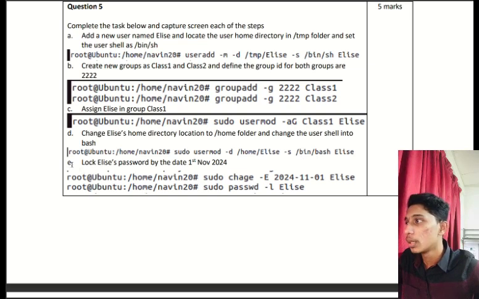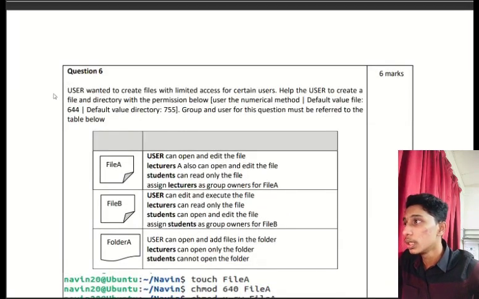Question E, lock Alice's password by the date 1st November 2024. Sudo chage -E 2024-11-01 alice. Sudo passwd -l alice.